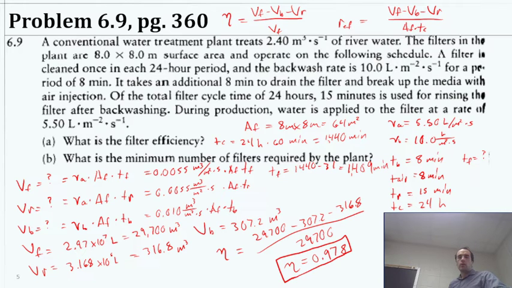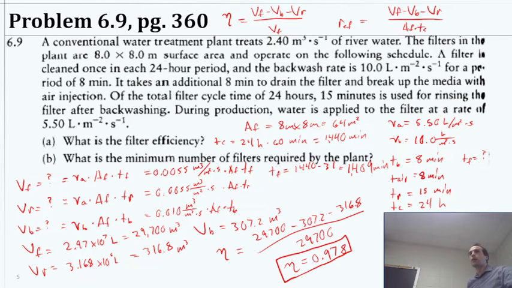And then part A was asking what's the filter efficiency. If you remember, the filter efficiency is referring to a water basis, so that's our equation, mu, at the top. The second part of the question is asking, what is the minimum number of filters required by the plant?